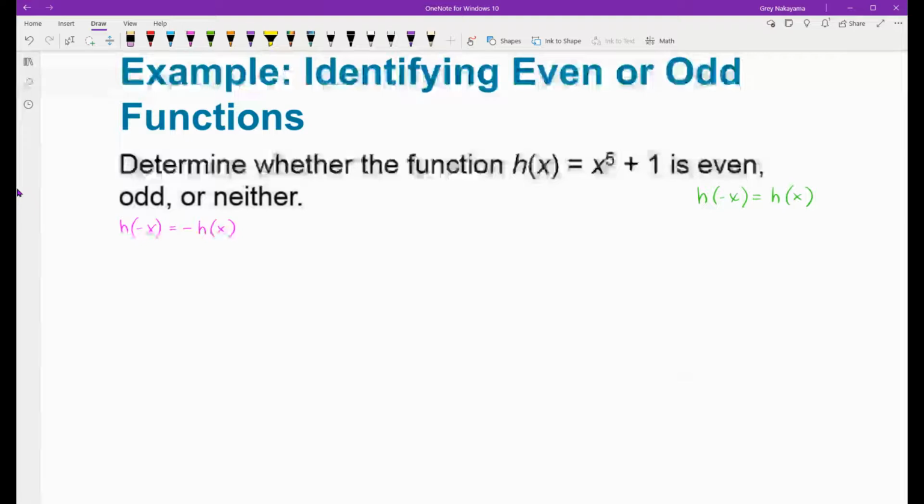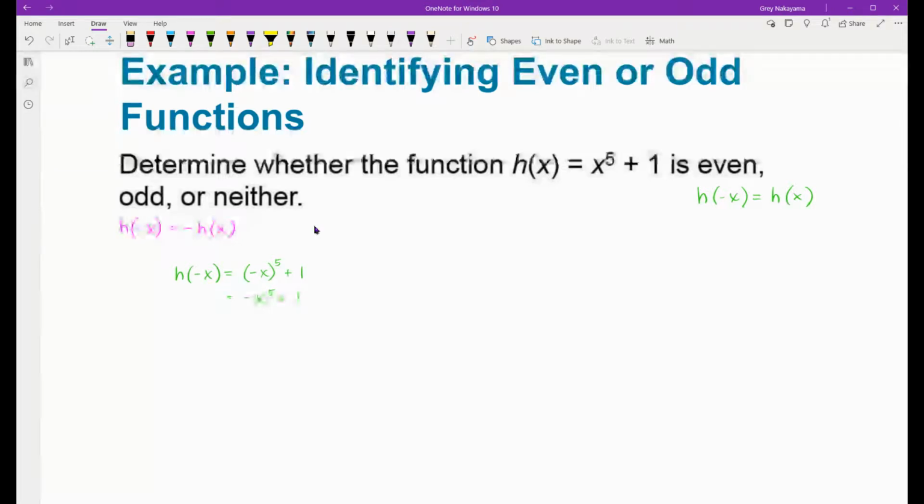So what I'm going to start off with is figuring out what is h of negative x of that function. And we've talked about evaluating a function previously. I'm going to write what I see here. Every time I have a variable, I'm going to put parentheses, and inside the parentheses I'm going to put negative x, because that's what I'm trying to evaluate. And when I simplify that, negative x to the fifth, I can get rid of the parentheses, it's still going to be negative.